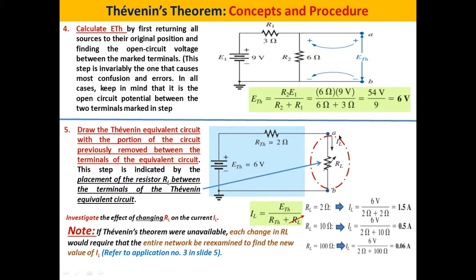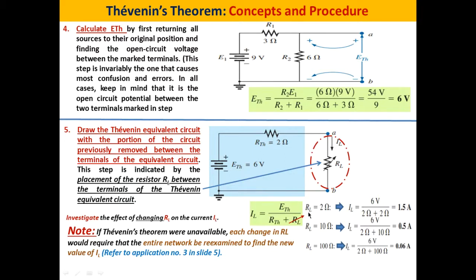Now we are ready to investigate the effect of varying RL on the current going through RL. So here, investigate the effect of changing RL on the current IL. You know that IL is E Thevenin divided by the sum of the two resistors, R Thevenin plus RL.